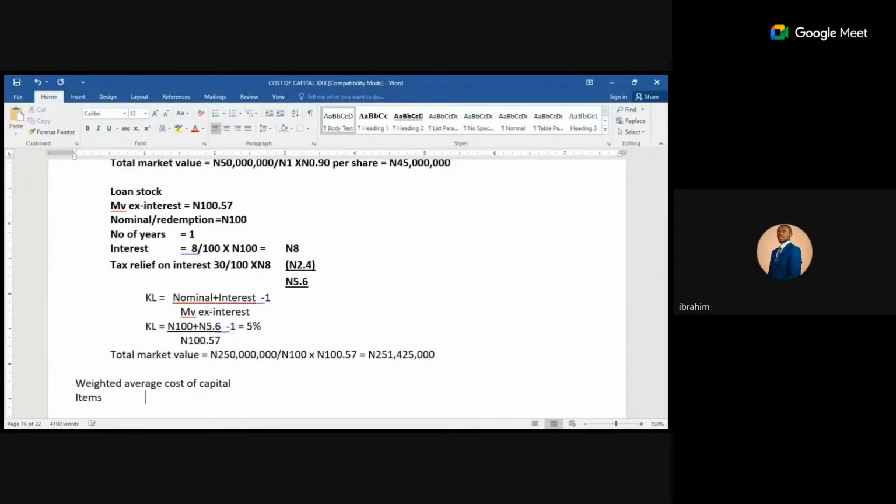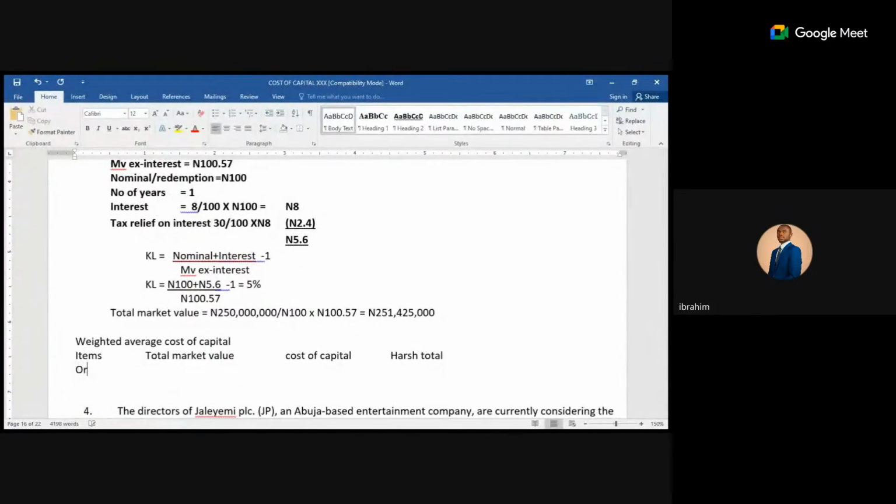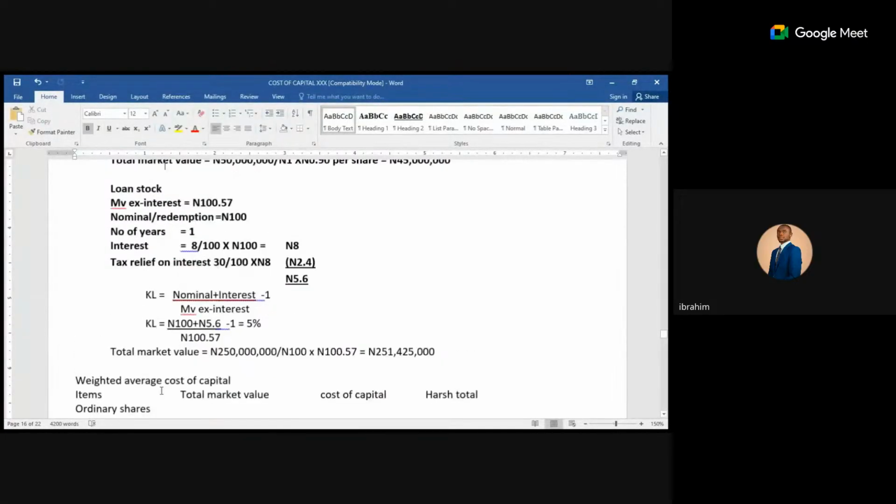Items, total market value, cost of capital. When I say cost of capital, it can be equity or debt too. The first one is ordinary shares. What is the market value of the ordinary shares, which is from CAPM? We use CAPM to calculate the equity.